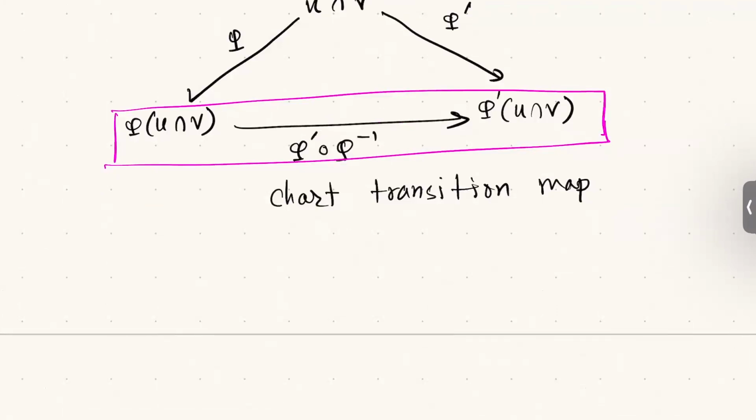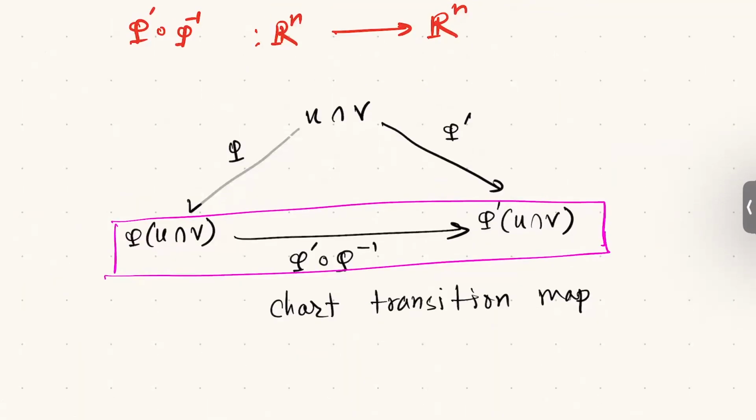So why do I need the chart transition map? We need it because this is a chart, this is another chart, and possibly there is an intersection, a common place.